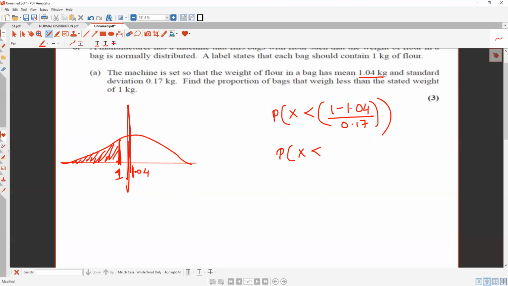How much is it on your calculator? Minus 0.2352, and it continues.